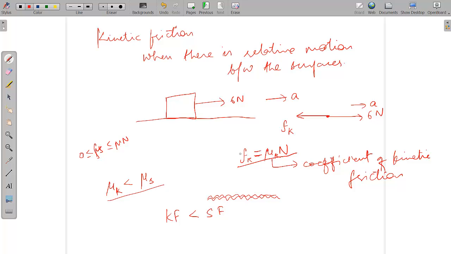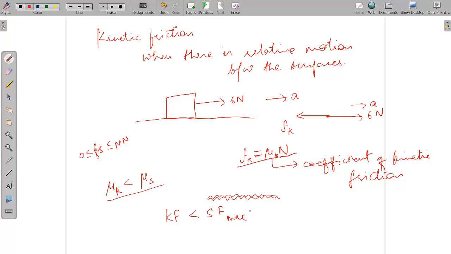We also saw that the kinetic friction force will be slightly lesser than the maximum value of the static friction force. The formula is the same, but the coefficients of friction will be different. Sometimes the coefficient of kinetic friction is given, or the coefficient of static friction.